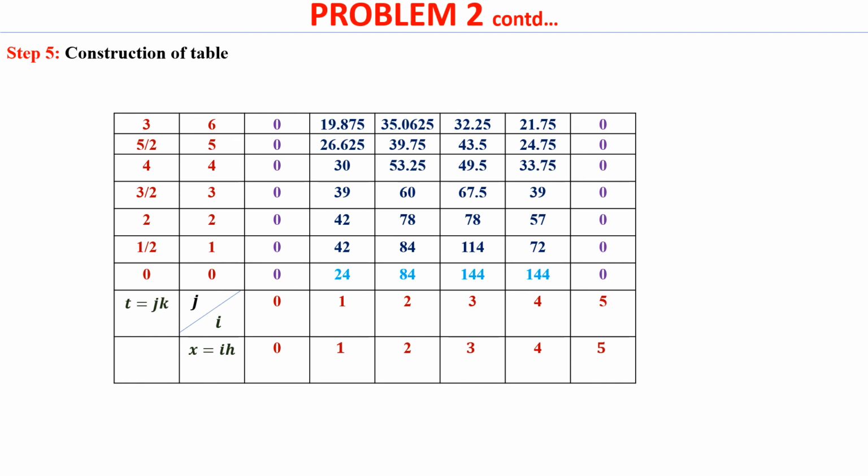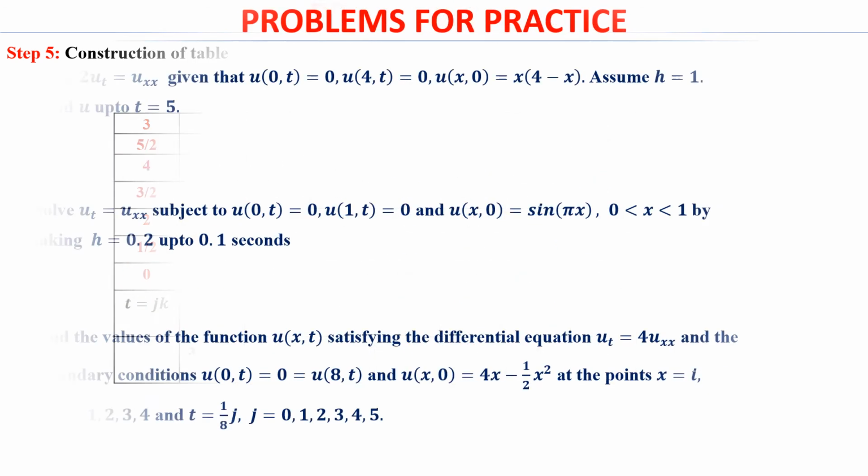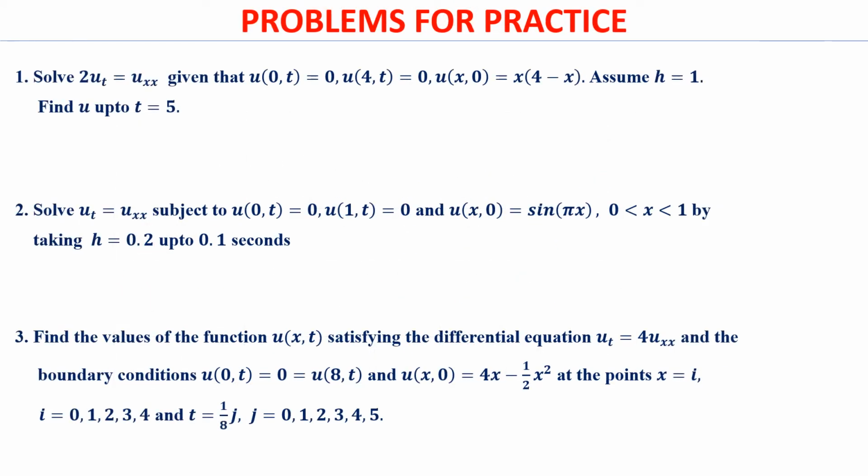I hope the two problems I have done here, based on the explicit method and the Bender-Smith scheme, are clear. Please work out some more problems which I have given in the next slide for practice. These are some of the problems that you could work out, and you can send your results so that we can confirm your answers.